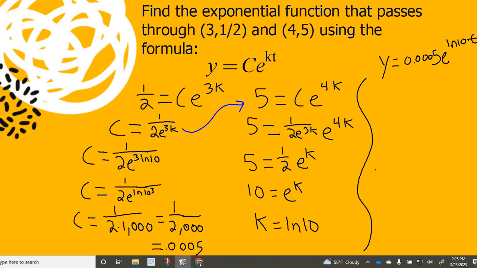It doesn't ask us to plug in anything, so now it just asks us for the function. So that is the function.